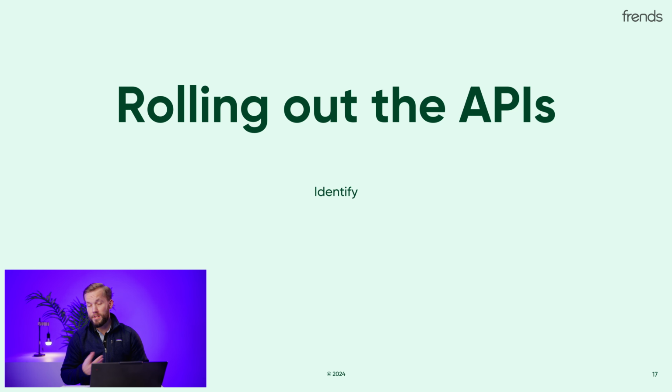Are they internal, external applications, or other businesses? So that's the first thing. And then we define the approach, and in some scenarios it might be a fully fledged API strategy, but in some scenarios it's just integration solution architecture. But in any case, we need to define what we are doing.